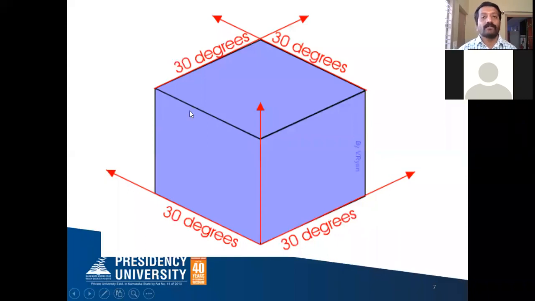And then from this point you can draw a 30-degree line in this direction, or else parallel to this line, to some length. And similarly from this point you can draw a parallel line to this line, or a 30-degree line in this direction. Okay, and wherever these two lines meet, at this intersection, you stop and complete the lines, so that your cube is ready.